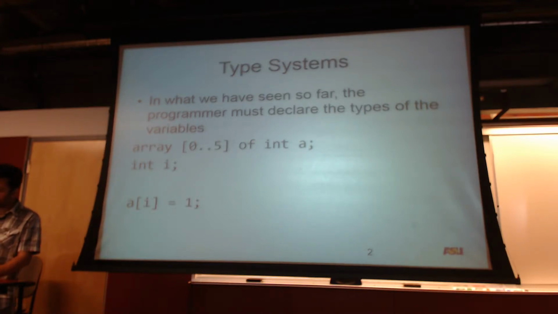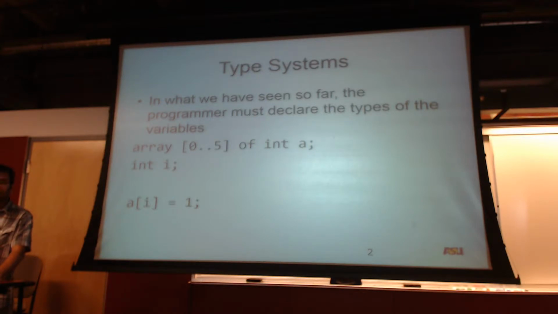But there are certain programming languages which do not need you to declare the variables or the types. In those programming languages, there has to be some way to understand what type a particular variable is. What type does it resolve to?